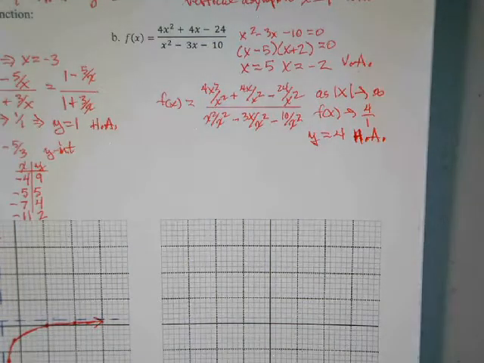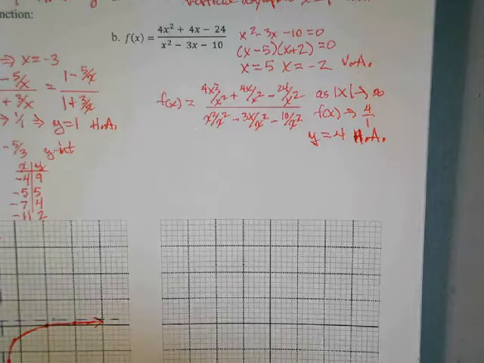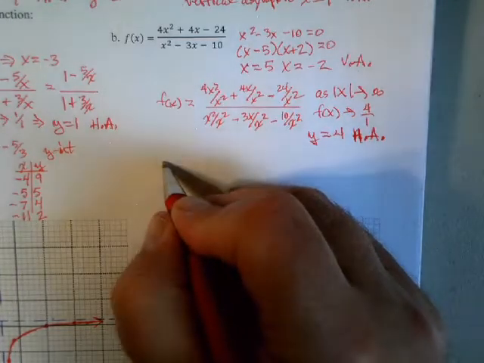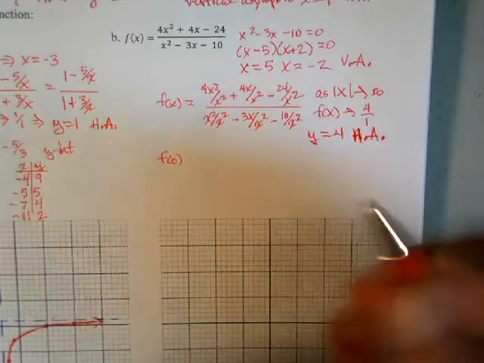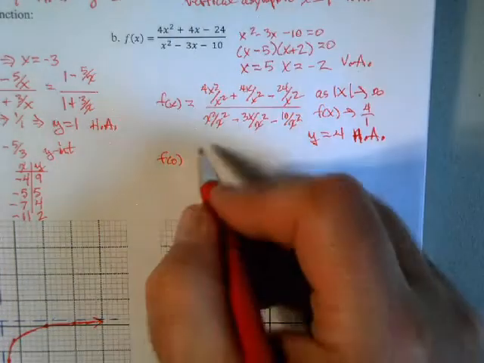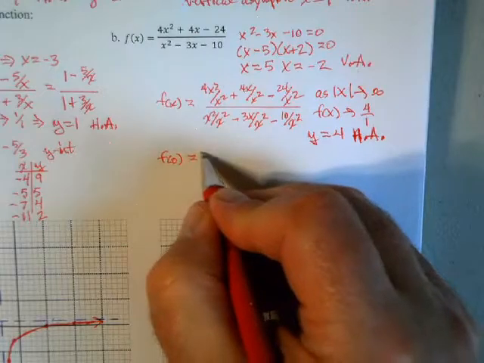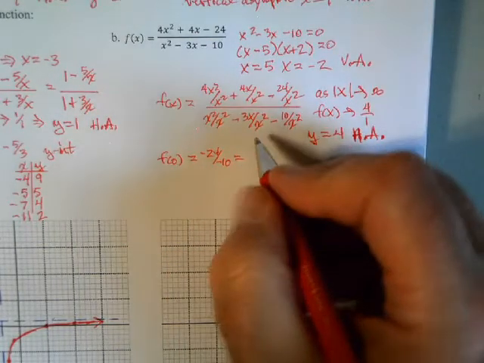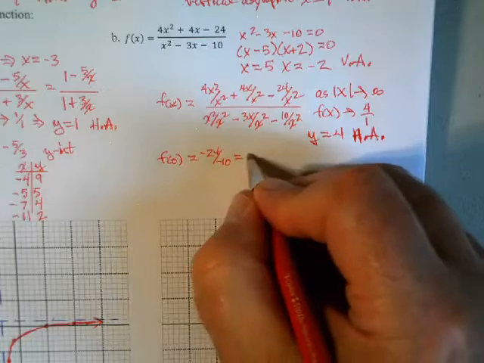And then finally, if I want to find the y-intercept, so f of 0, I'm left with basically negative 24 over negative 10, which is basically negative 2.4. We'll just go ahead and leave it as a decimal, and that's the y-intercept.